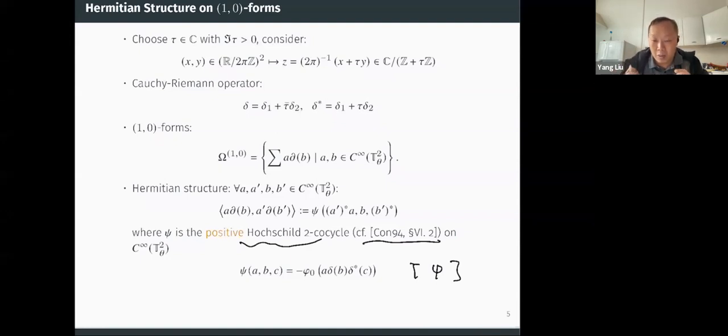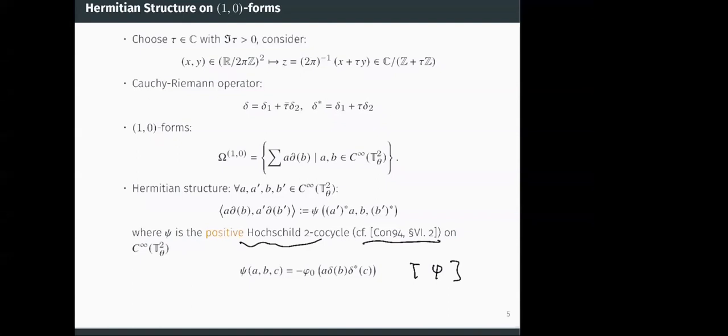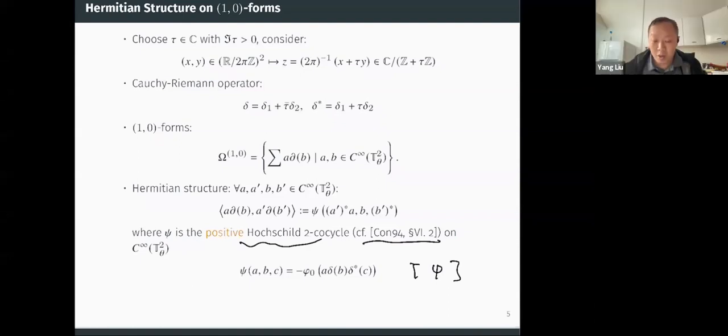Because it represents the class in a cohomology, which is some representative plus the kernel of something. It's a linear space. Now the conformal structure is reflected in this positivity, and the complex structure is reflected in this: this class can be thought of as functionals on a space of matrices.